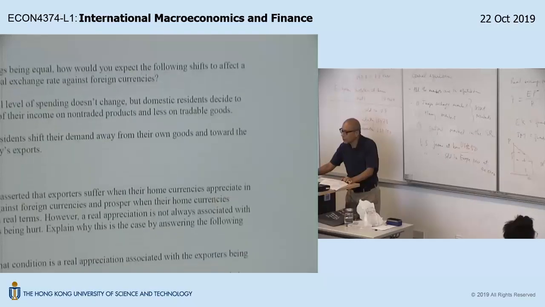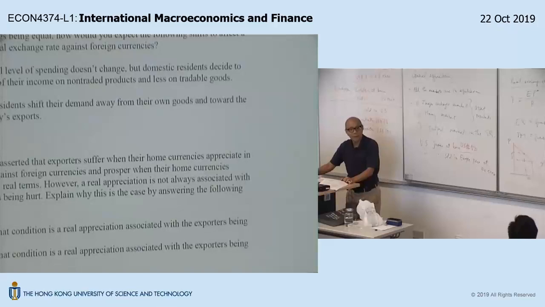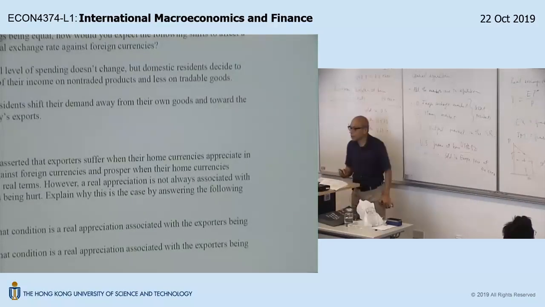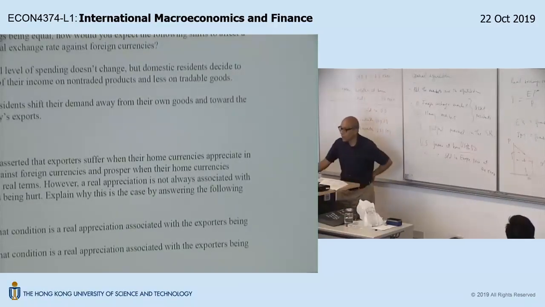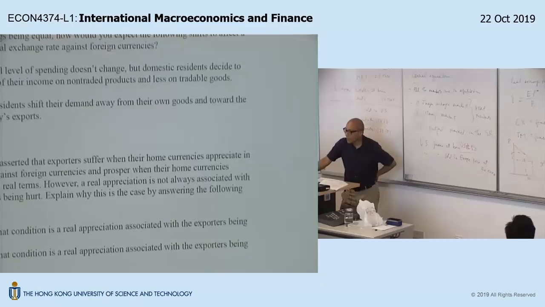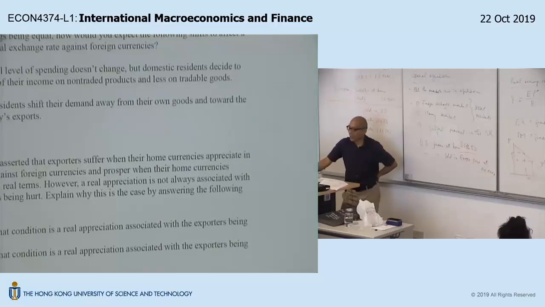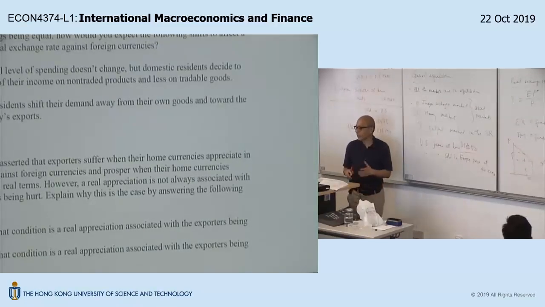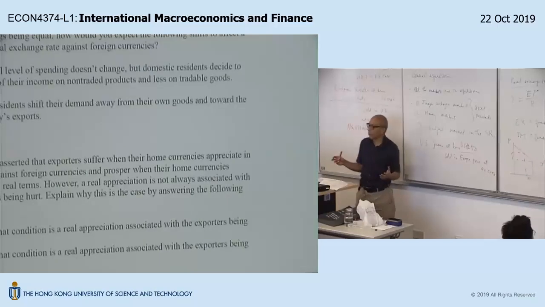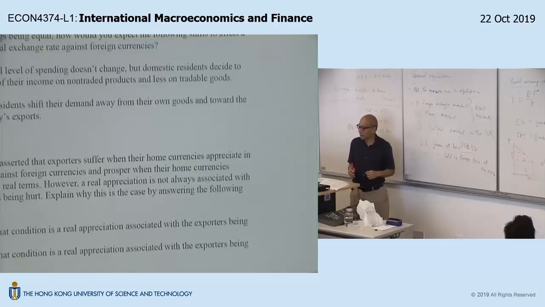Is there any question about question number 5? Is this A and B the same thing? No, they're not the same thing. Why do you say they're the same thing? Well, it's up to you to answer the question. I'm not going to tell you the answer, but they are not. We're not talking about the same thing. One is domestic residents spending more on non-traded goods, but the other is foreign residents shifting their demand from their own goods towards the home country's exports.